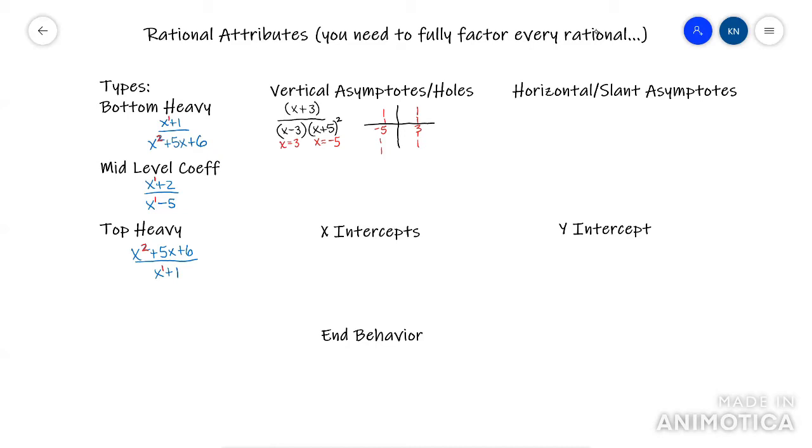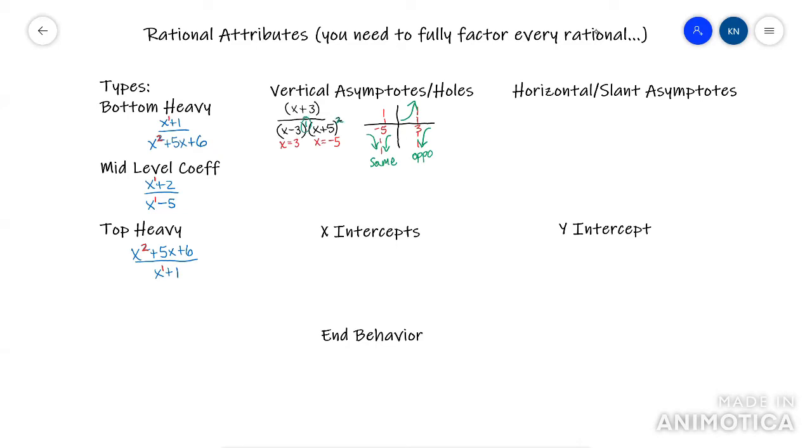Now, going deeper on vertical asymptotes, the rational function will have this vertical asymptote. It'll either have the line going opposite ways, something like this, or it could have the line going the same way. So like this one was opposite, this one was same. The way you know what you're looking for is by looking at the exponents of these vertical asymptotes.